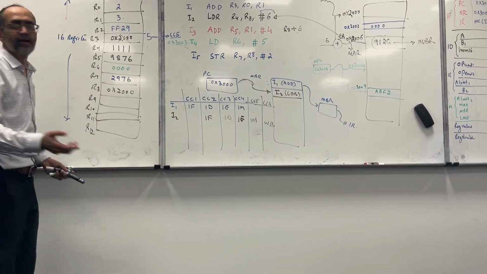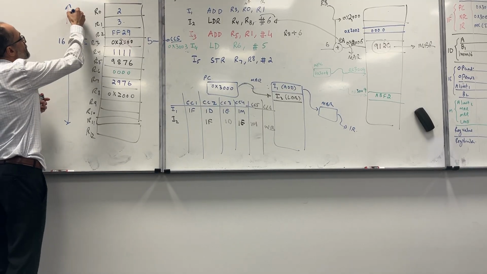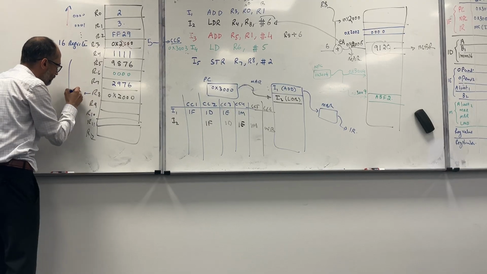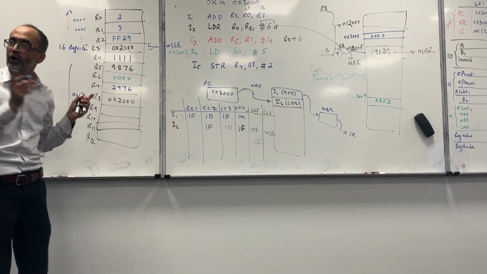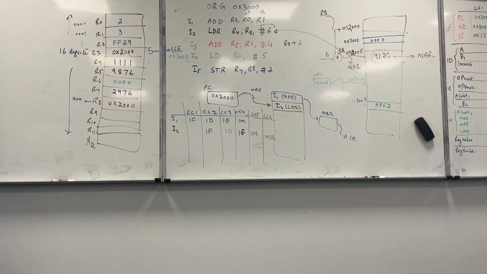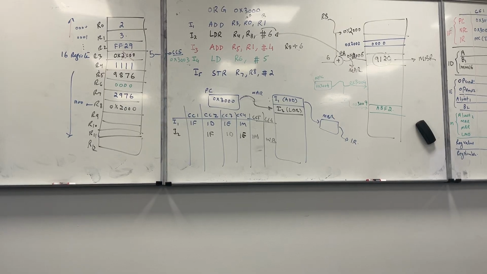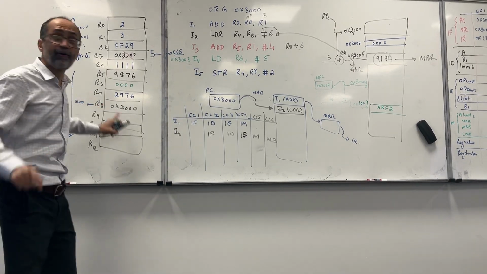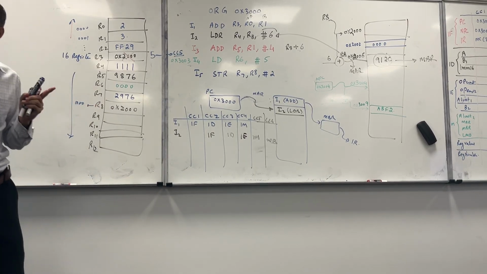If there are 4 bits, the address of R8 will be 1000 in binary. You are confusing yourself with the register. The register index is actually the address. Now I'm talking about the content of R8, not the address of R8, which is actually the index 8. You got it? I hope I answered the question.